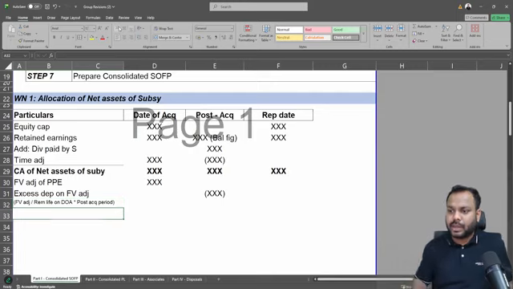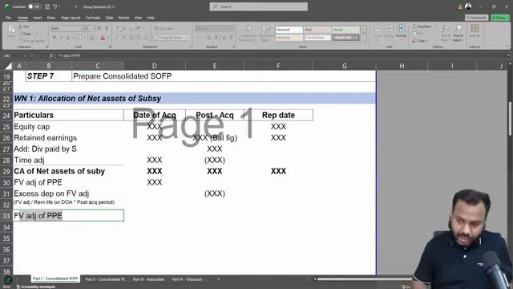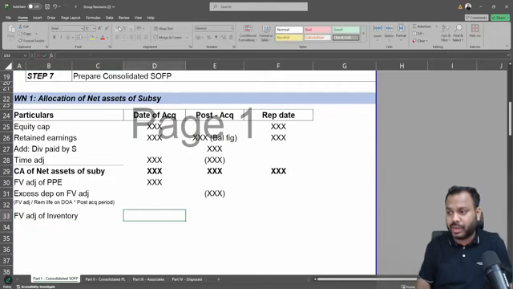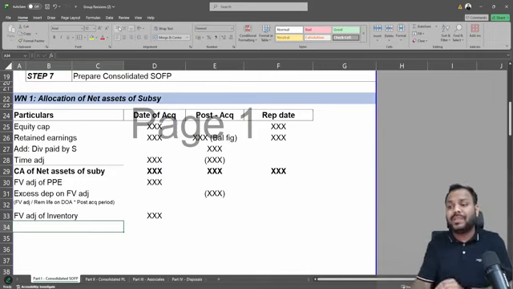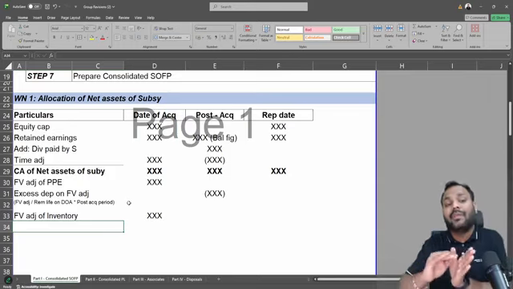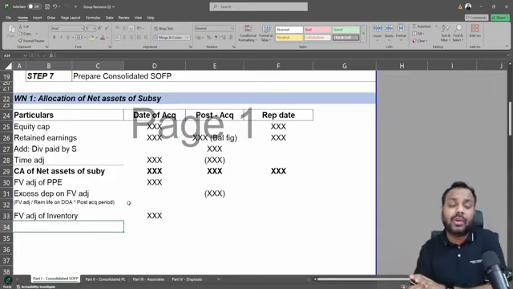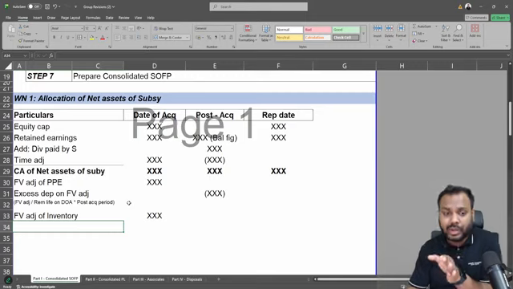Okay, done. Now comes the next part, the fair value adjustment of inventory. Add it up here. Now if this inventory gets sold in the post acquisition period, we have to reverse the fair value adjustment of inventory to the extent this inventory is sold.